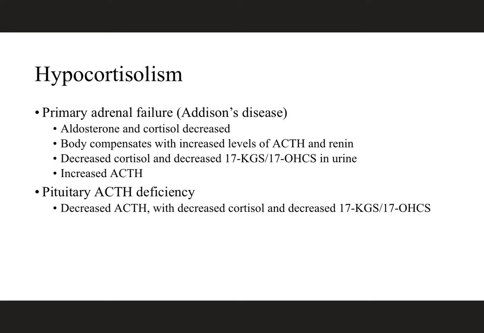As your cortisol levels decrease, your body will say, we need more. So we're going to try and create more by signaling the adrenal glands with more ACTH. Our cortisol levels are going down along with aldosterone.